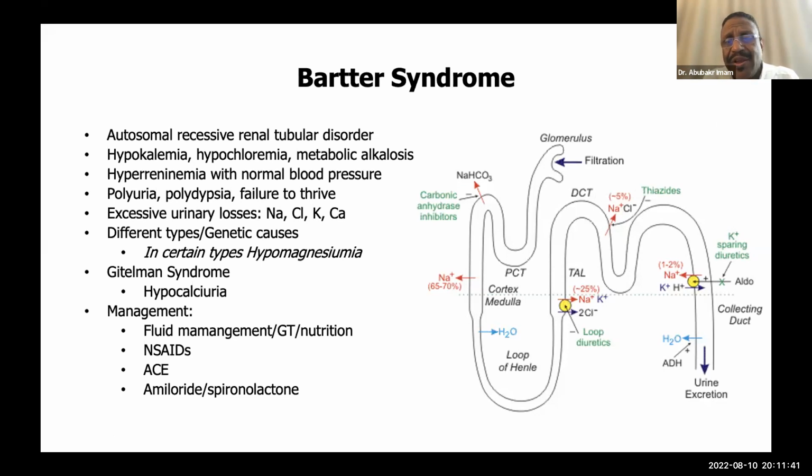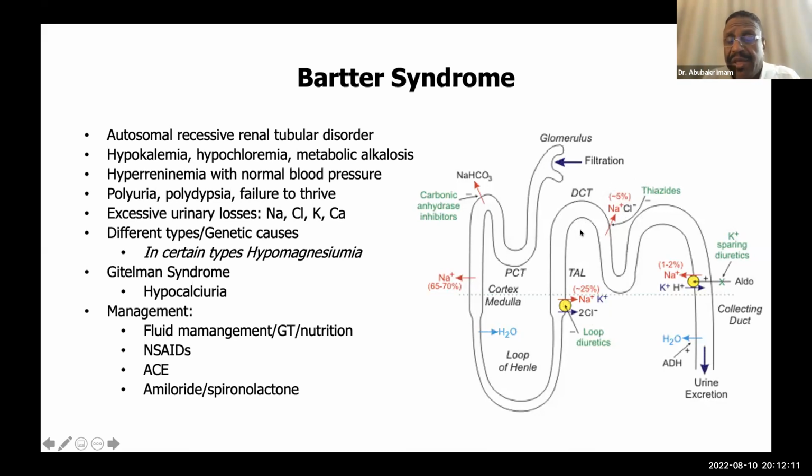So if you excessively use a loop diuretic, furosemide for example, you will have hypercalciuria, and think about Bartter. If you excessively use thiazide, you will have hypocalciuria, which is used to treat excessive calcium, and you develop a Gitelman-like syndrome.